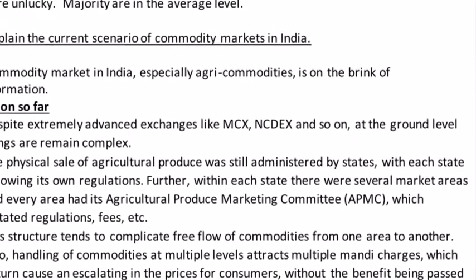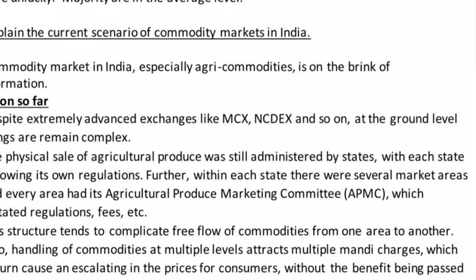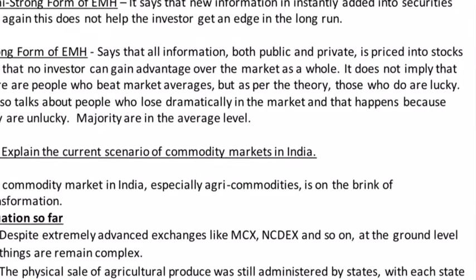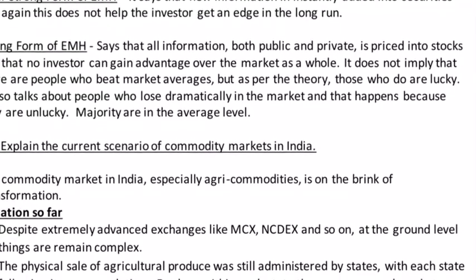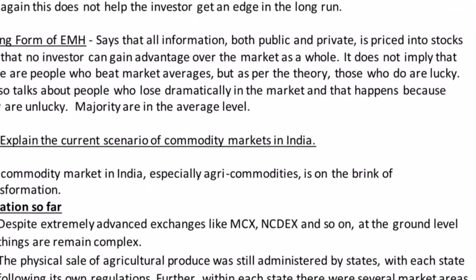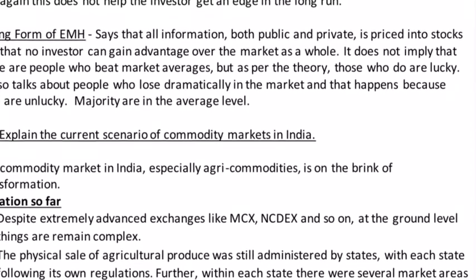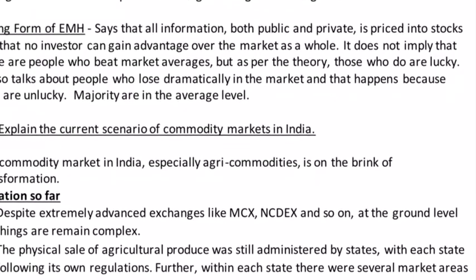So this structure tends to complicate the free flow of commodities. I mean, directly from the farmer, people weren't getting the commodities. Even now, it is still improving, and a lot of legislations have been passed to that effect. Okay, so what happens is handling of commodities at multiple levels also attracts multiple mandi charges.